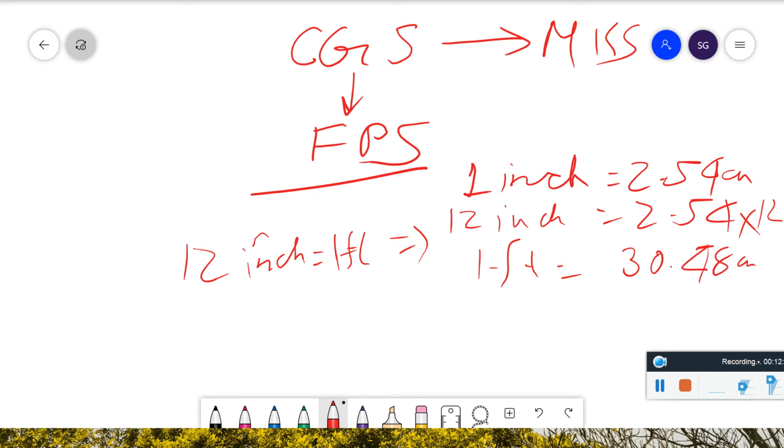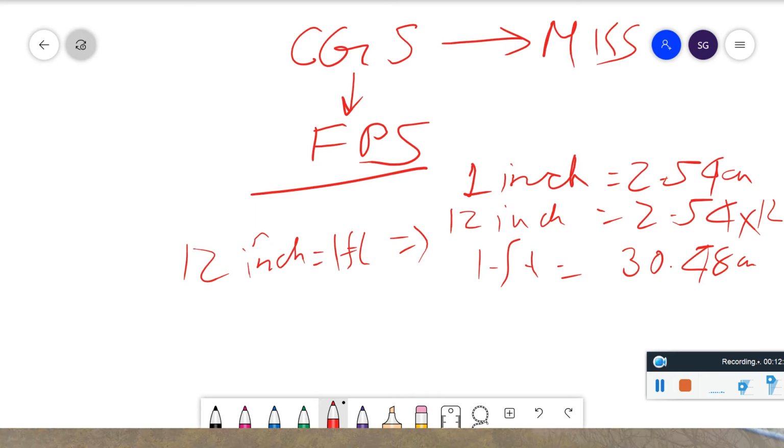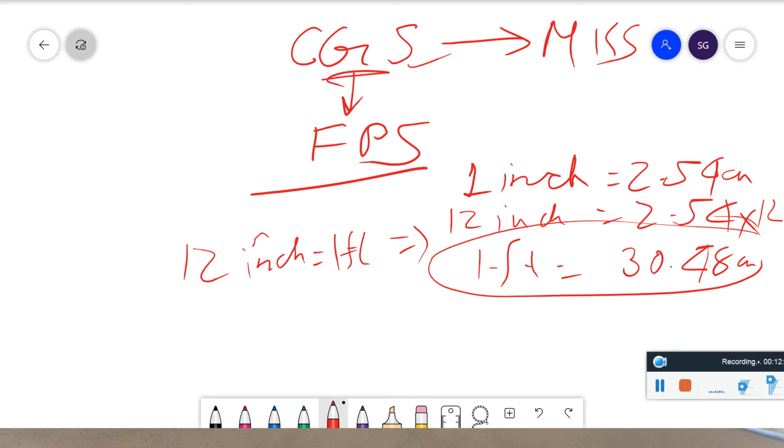Wait, I will just calculate it. 2.54 into 12, that is 30.48. Yes, it's exactly 30.48 centimeter. Now seconds, no issues, and then grams comes into play.